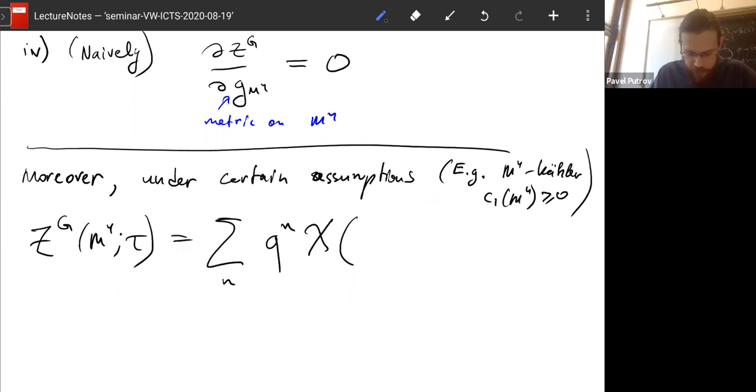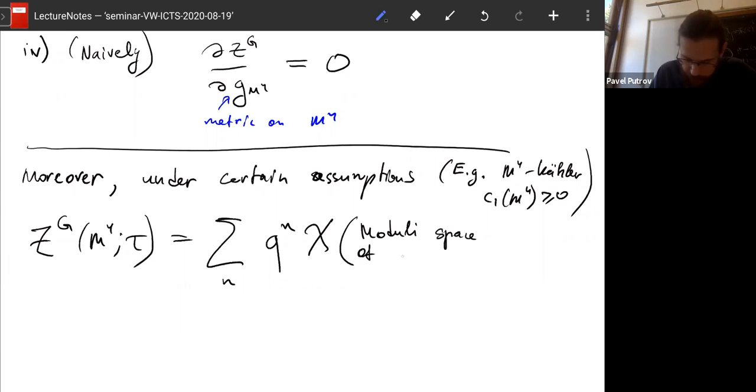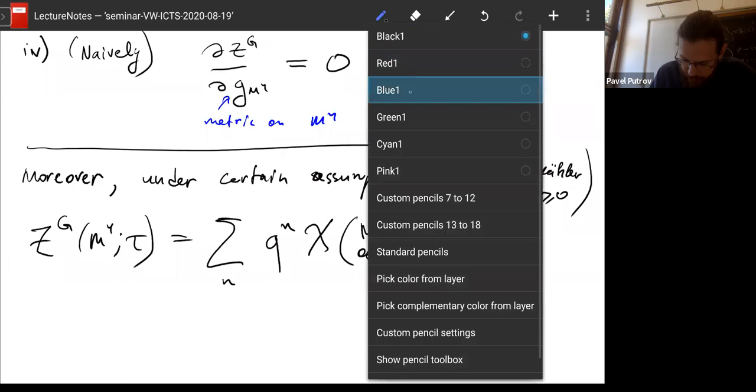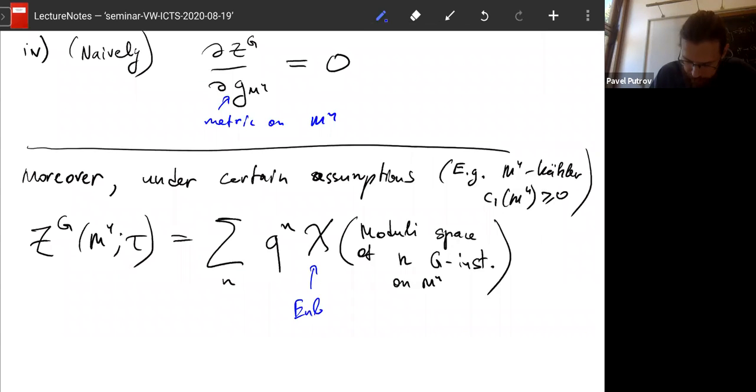It is the following generating function with generating parameter q, and the coefficients being the Euler characteristics of moduli spaces of n G-instantons. So this is the Euler number.